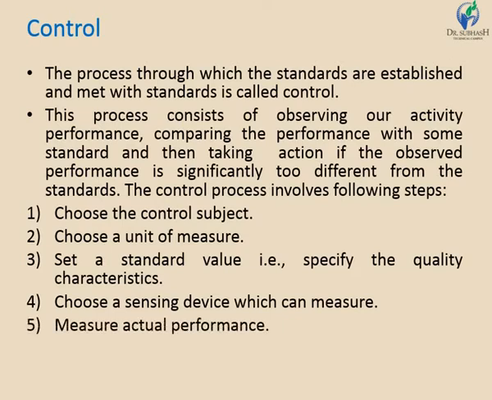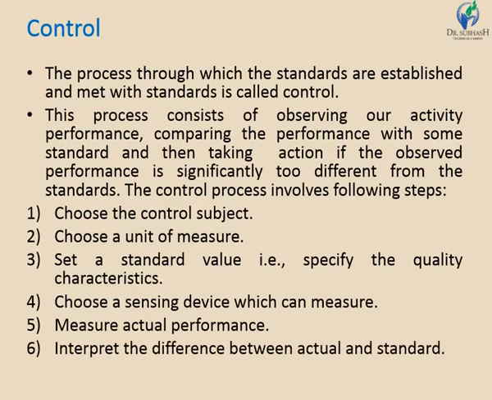Measure the actual performance against the standard performance. There must be provision of sensors used for sensing. Then provide corrective actions if required. Whatever you are doing currently, that actual performance should be measured against the standard values you have set, and interpret the difference. What is the difference between the standard value and the actual performance?